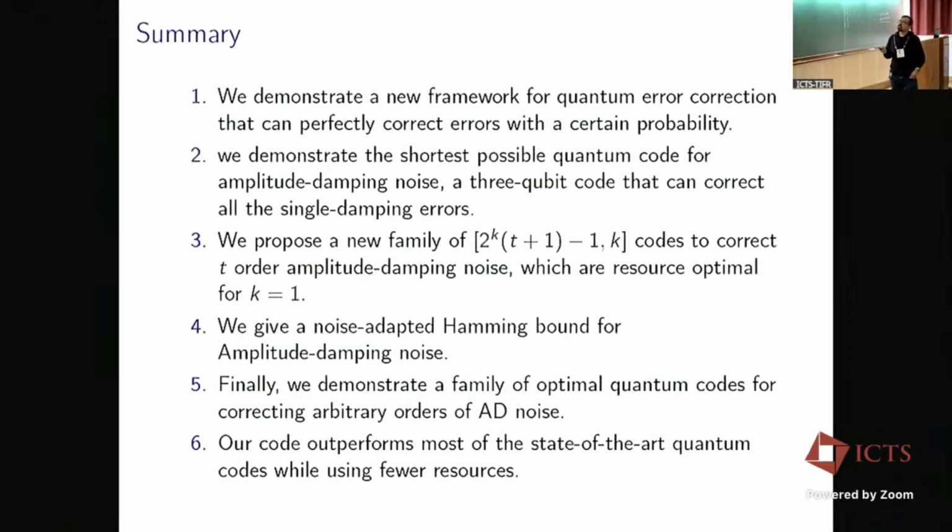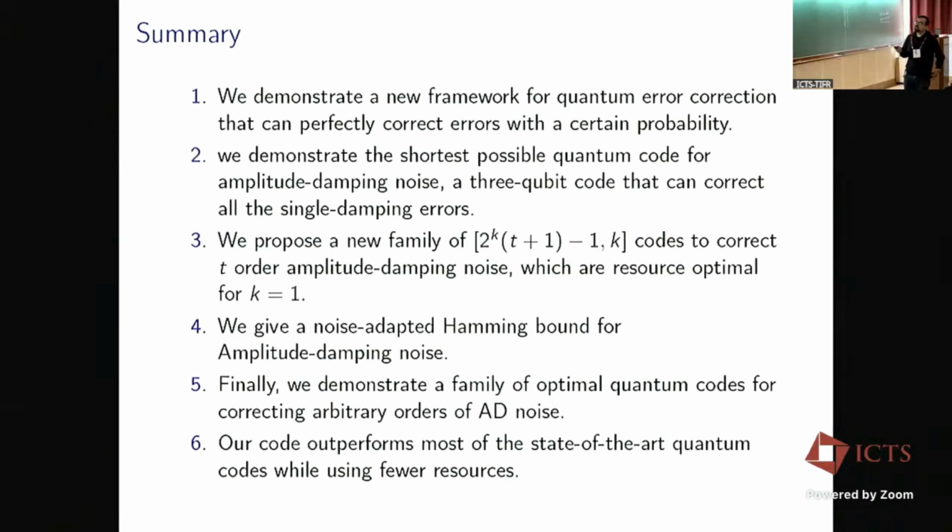As a summary, we demonstrated a new framework for quantum error correction that can perfectly correct all the errors, but with a certain probability; the recovery will not be deterministic. We demonstrate the shortest possible quantum code for amplitude damping noise, a 3-qubit code, which was not reported earlier in the literature.